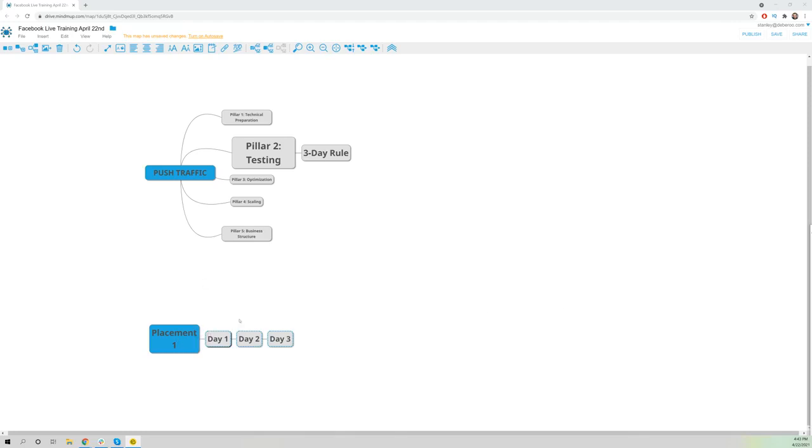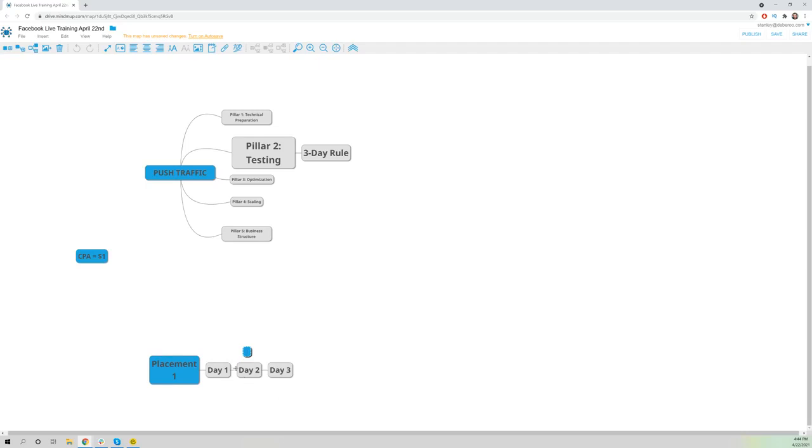Each of these days, like I said, we want to spend 3 times CPA. Let's just set a CPA right here. I'm going to say CPA is $1 to keep it a little bit simple in the calculations. All right, so the CPA is exactly $1, which means on day 1, we spent $3.